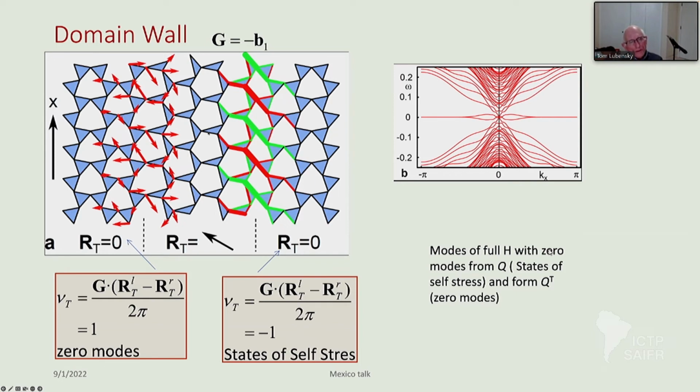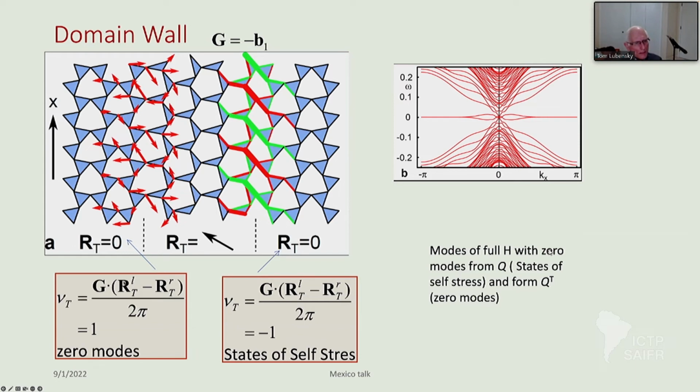So the strength of the states of self-stress diminishes as I go from left to right, and the displacements for the wave function of the mode grow.